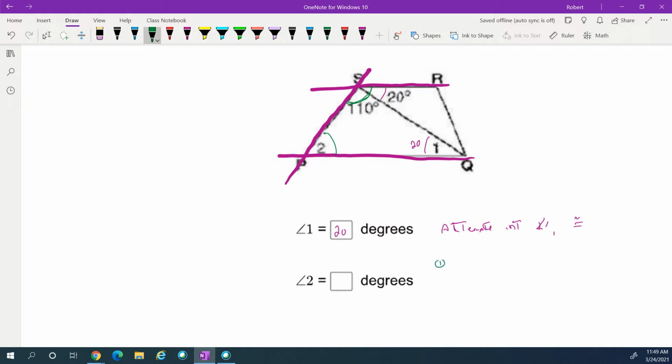So one approach is the triangle adds to 180, or the second approach is consecutive interior angles are supplementary. So we have 110 plus the 20 plus angle 2. And we get the exact same total of 130, and we get the exact same answer for angle 2. So we have two different approaches.